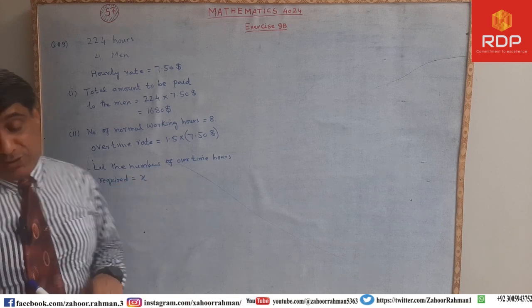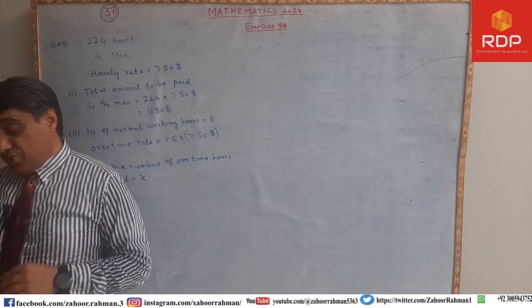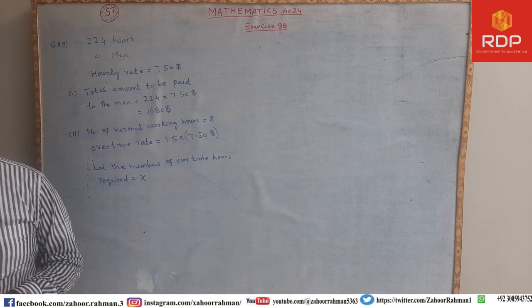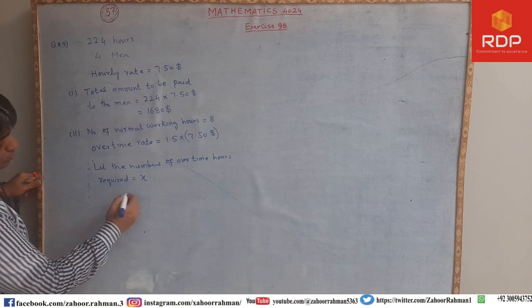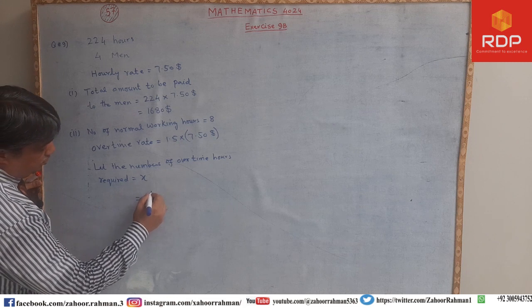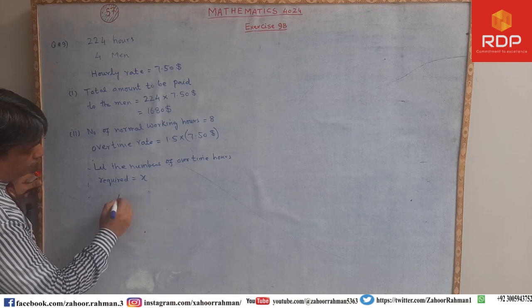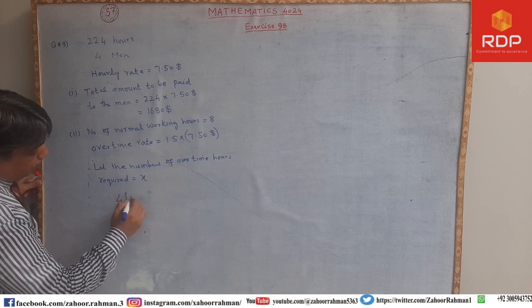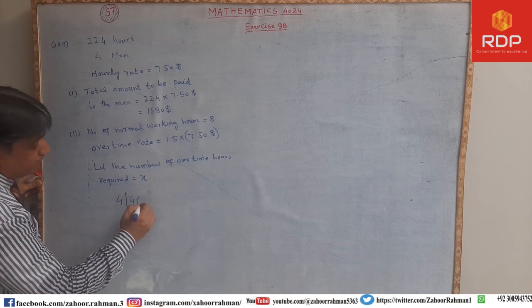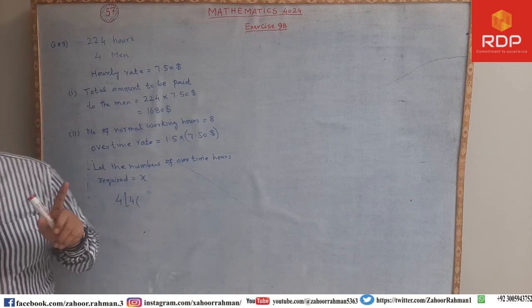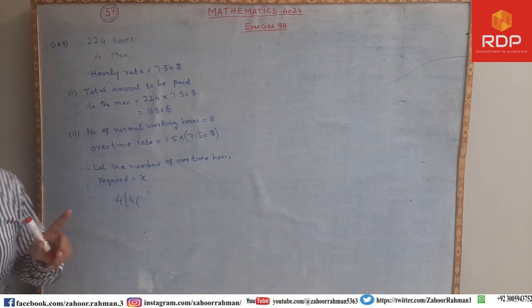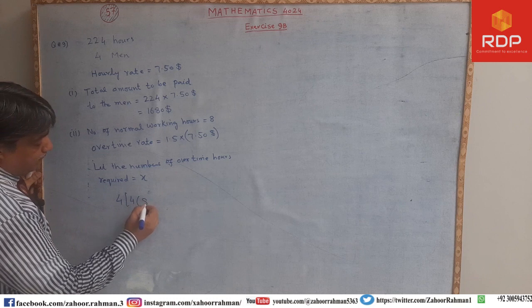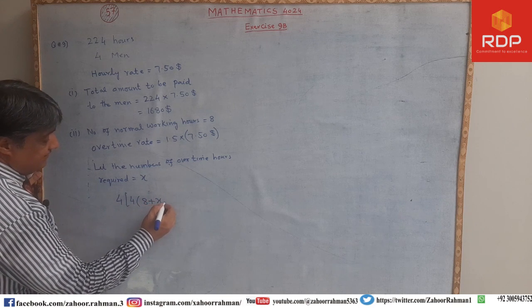Now what will be the scenario? In 4 days' time, we have 4 days by 4 men, and the normal is 8 plus x.